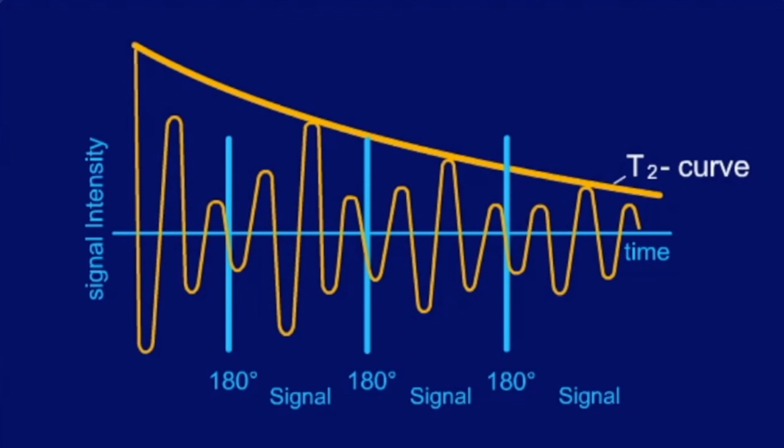Responsible for this is the fact that our 180-degree pulse only neutralizes effects that influence the protons in a constant manner, and these are the constant inhomogeneities of the external magnetic field. Inconstant inhomogeneities from local magnetic fields inside of the tissue cannot be evened out, as they may influence some protons before the 180-degree pulse differently than after the 180-degree pulse.